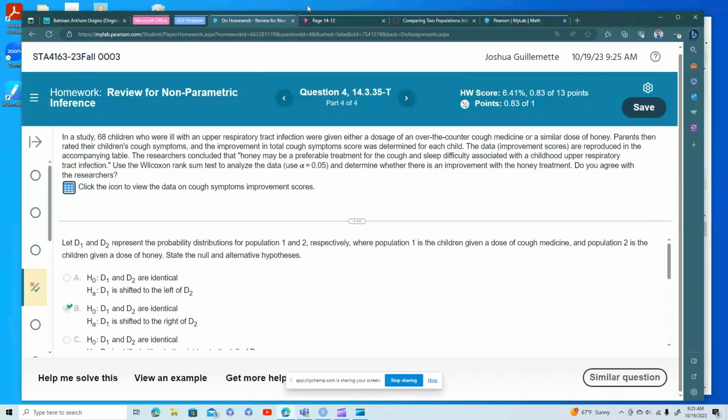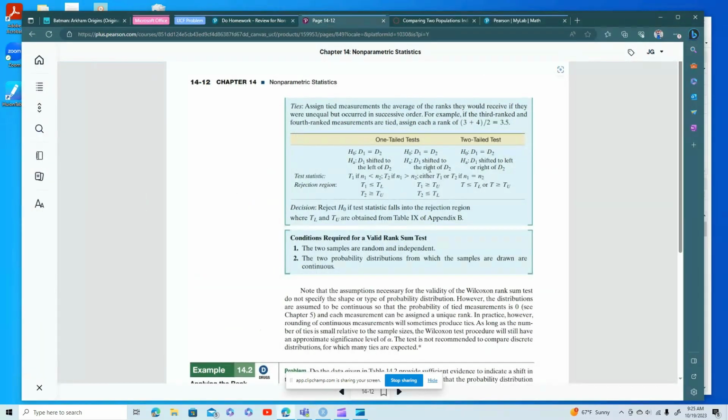If we look here, if you are shifted to the right and the N1, sample size 1, is greater than sample size 2, you actually have to use T2 for the test statistic, and T2 is going to be a left tail test, okay? That's going to be a left tail test. Now, this is really important to remember, all right?